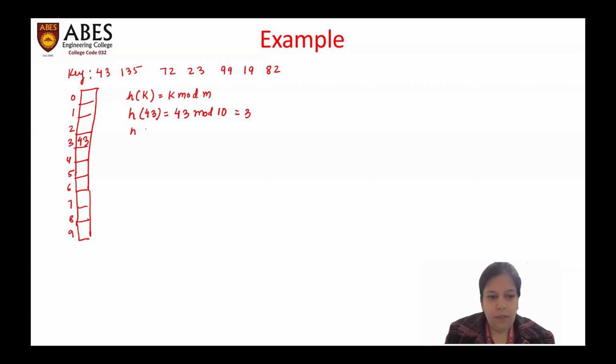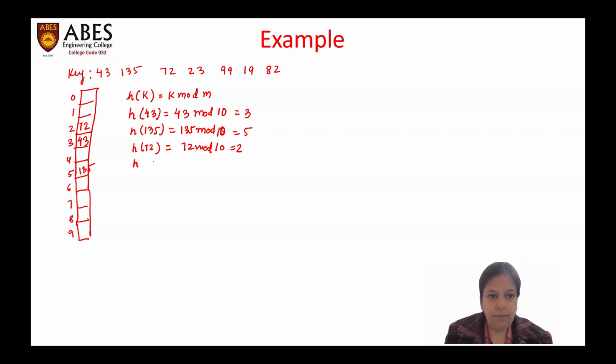Then 135 will be mapped at index 5. And similarly, 72 will be mapped at index 2.